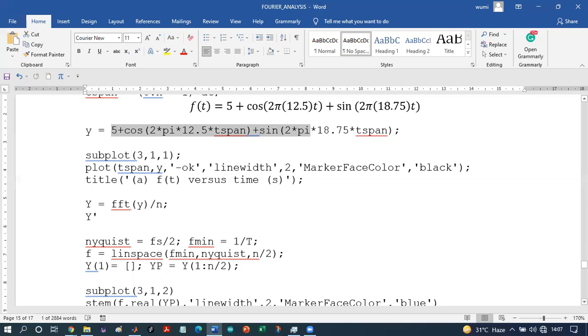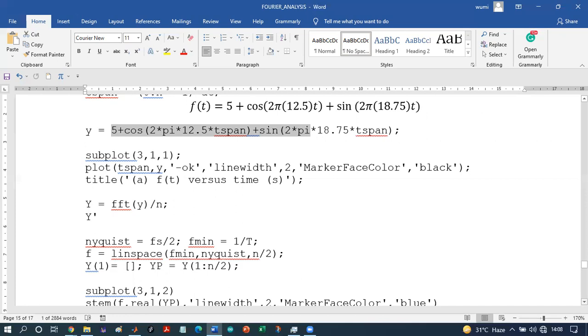So for this one, both real and imaginary are 0. This one, the imaginary part is 0. This one, the real part is 0. So for this point, you are plotting 5. So maybe this 5, then this 0, this 0.5, this is 0.5 here.